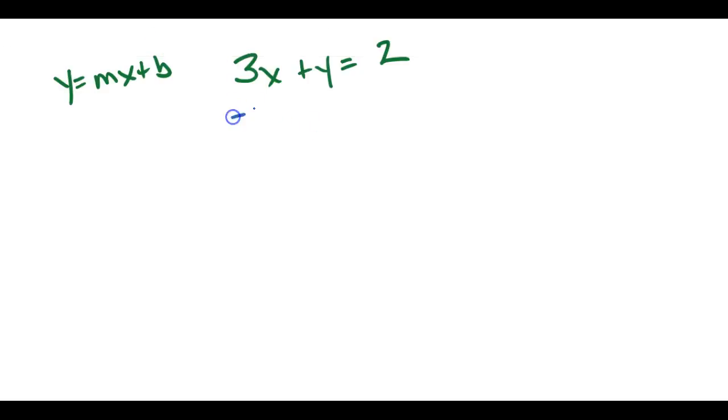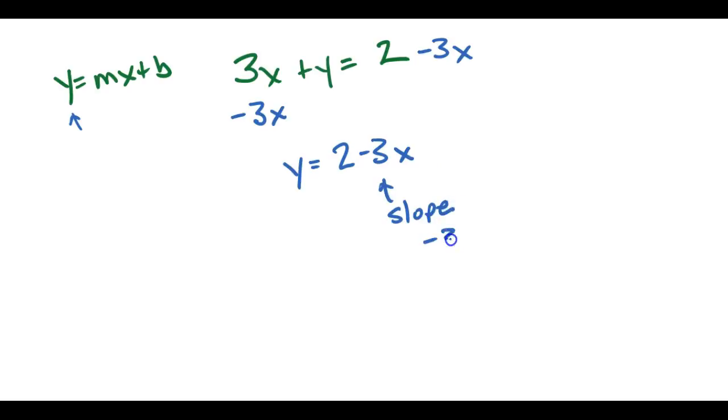We can subtract 3x from both sides, because we would like to get y by itself. So if I can get rid of that 3x, I get y by itself. So I get y is equal to 2 minus 3x. There's my slope, -3. There's my y-intercept. And that's at the point (0, 2). Okay? So just looking at the equation, I can tell what the slope and the y-intercept is.